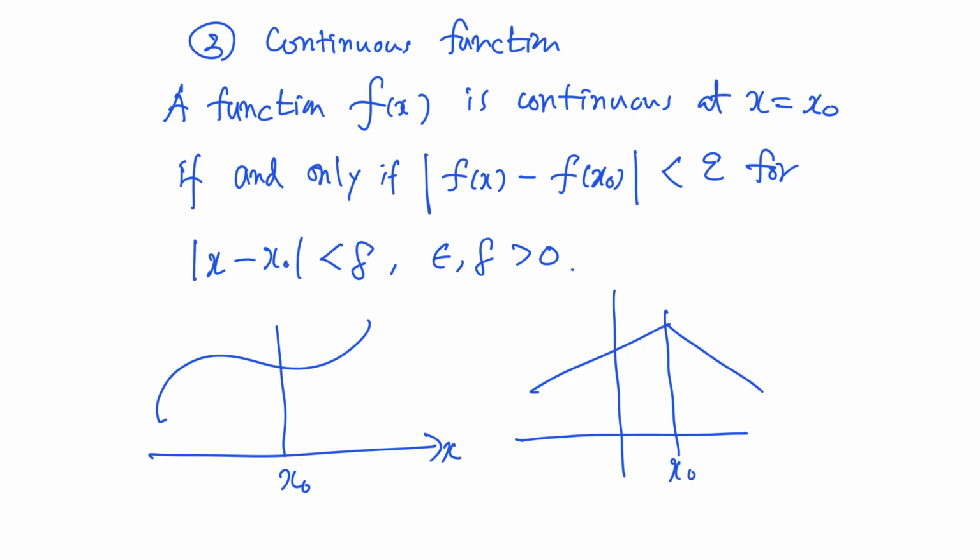Continuous or not? Continuous, right? How about this? It's not continuous. So three cases of functions. The first one is always continuous, right? Second one, even though the slope can change, it is continuous. Third case, obviously not continuous.